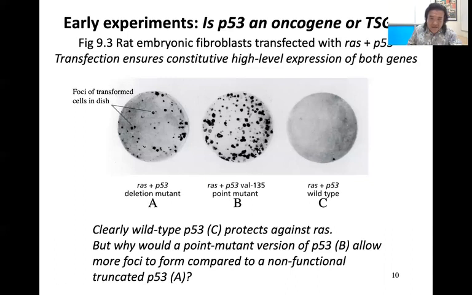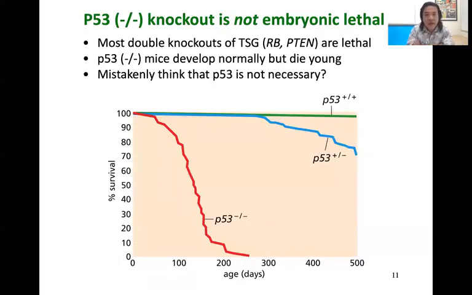So that's crazy. So is p53 a tumor suppressor, or do point mutations of p53 somehow make it an oncogene also? This is really curious. Another piece of the puzzle is that double knockout mutations of p53 are not embryonically lethal.